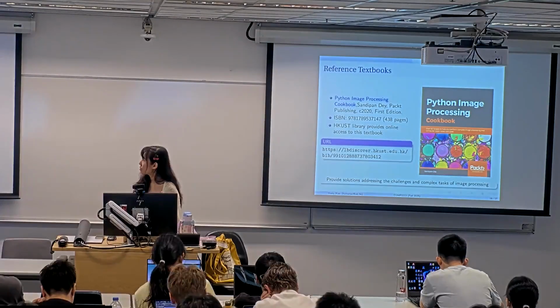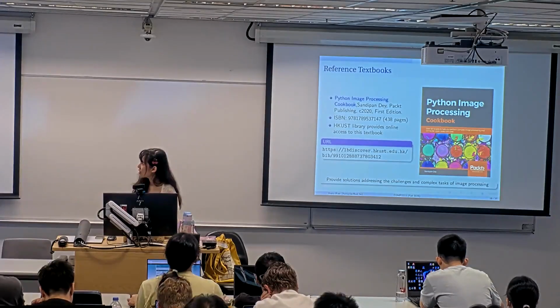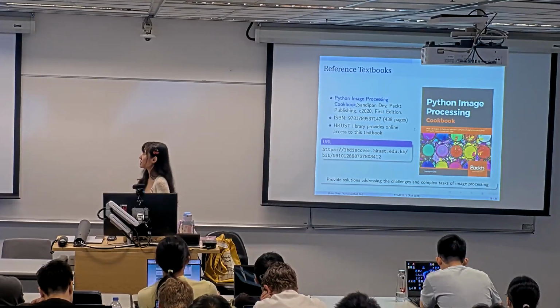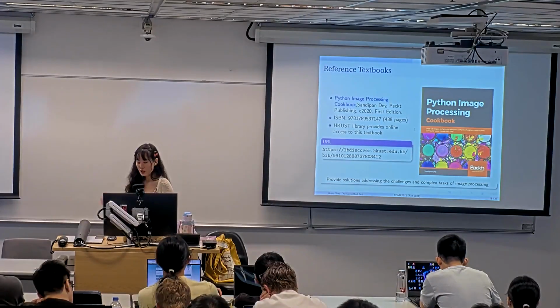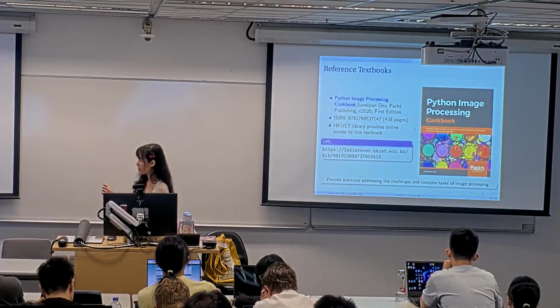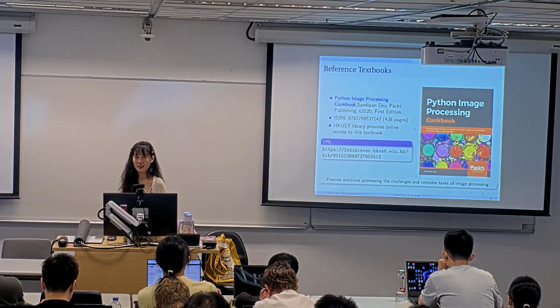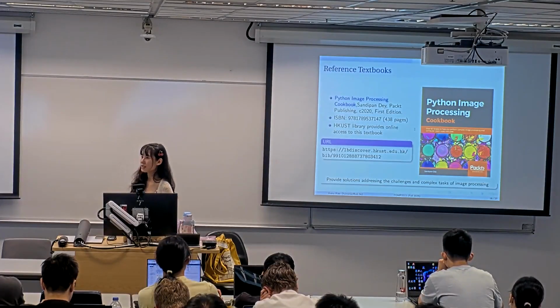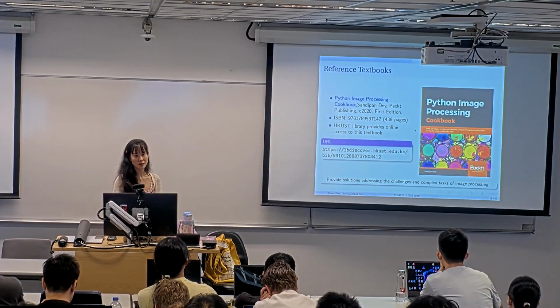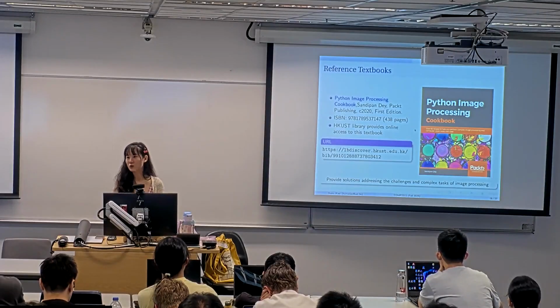And actually, we'll provide this URL of the HKUST library so that you can try to get these reference books. But it's okay if you don't read these textbooks. It's just to help you gain some further and deeper understanding. It's okay if you just read the course materials. That means the lecture notes, attend the lectures, and also all the lab materials and PA materials. Actually, that would be enough.